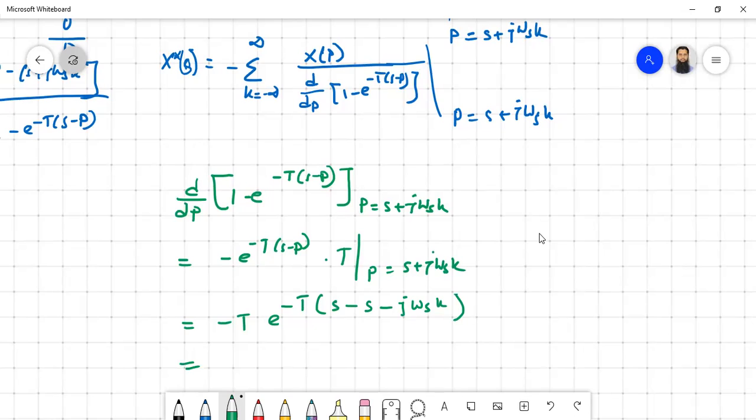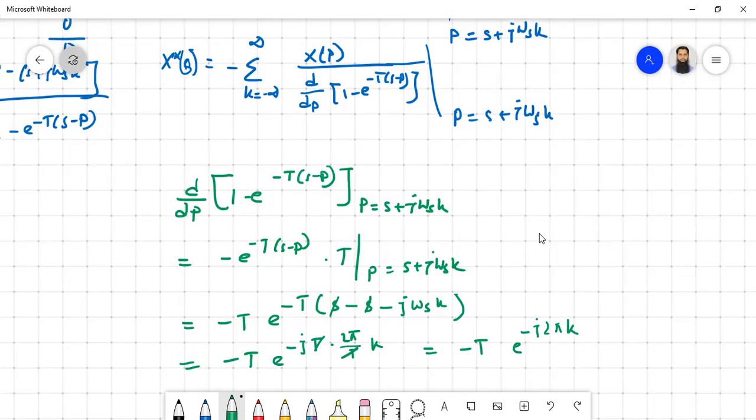Basically s is getting cancelled out. Minus t times e to the minus j omega s k t. Omega s is basically nothing but twice pi by t. So whatever is left is minus t, then e to the power minus j twice pi k. And e to the power minus j twice pi k is 1.